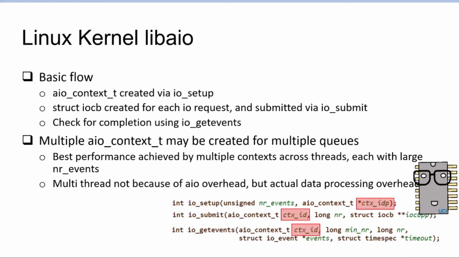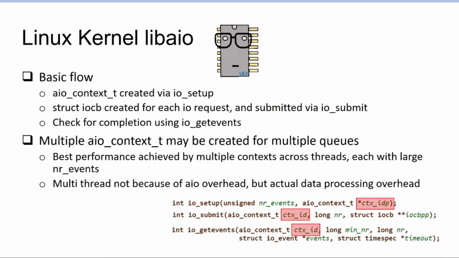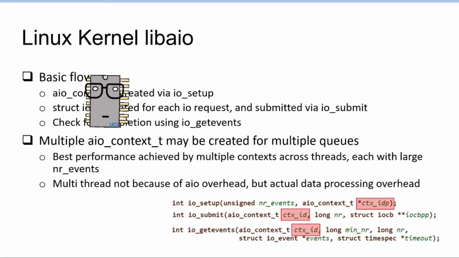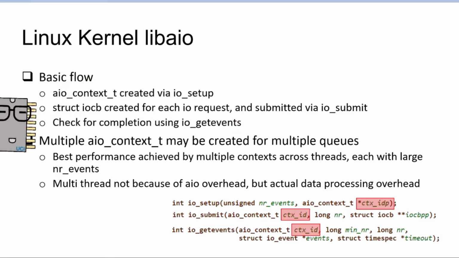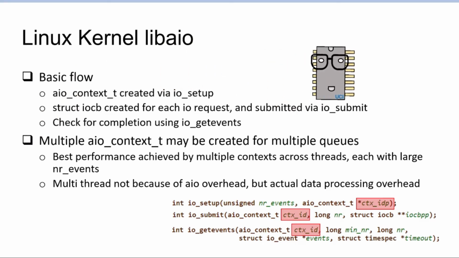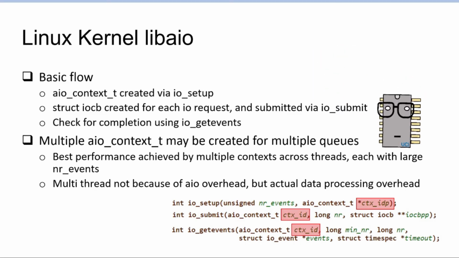And I'll just do a very short introduction to libaio, just to put this in the back of your head in case you want to use it later. The basic flow of using the kernel libaio is to first, kind of like how you would use pthreads, create a context using the io_setup function. And then every time you want to send a storage request, be it read or write or whatever, you create a struct iocb for each request, and then submit it to the libaio framework using io_submit.